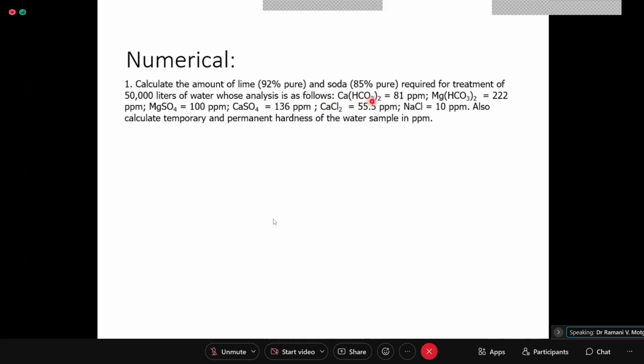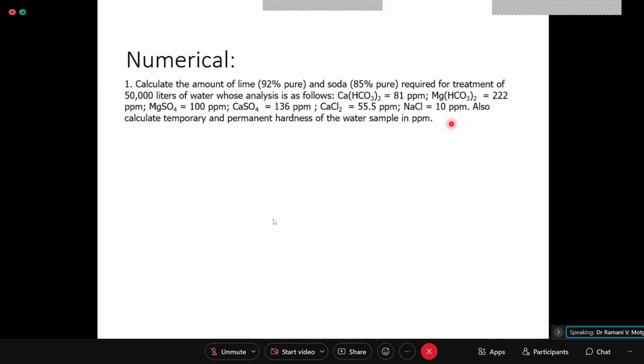Calcium bicarbonate is 81 ppm, magnesium bicarbonate is 222 ppm, magnesium sulfate is 100, calcium sulfate is 136, calcium chloride 55.5, NaCl 10 ppm. Also calculate temporary and permanent hardness of the water sample in ppm.